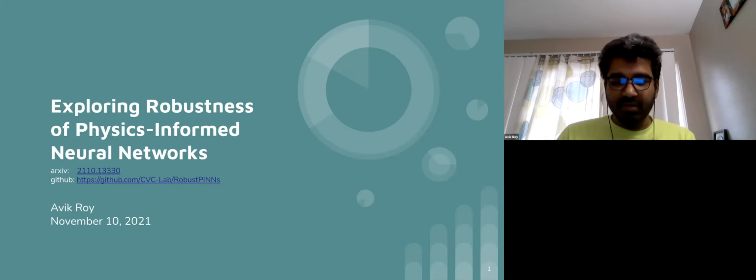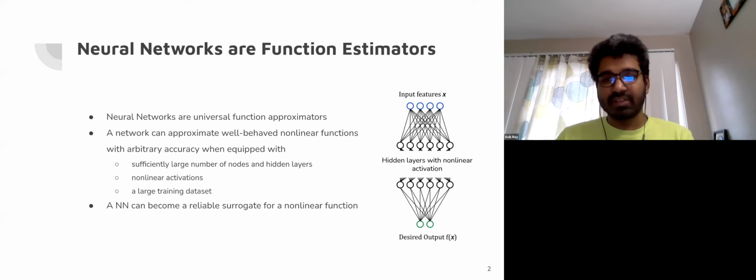I will start with a very simple introduction to what physics-informed neural networks, or as we call them, PINNs, are and why they are so interesting and useful. We are familiar that neural networks are very popular these days, and they have been widely used for regression problems.